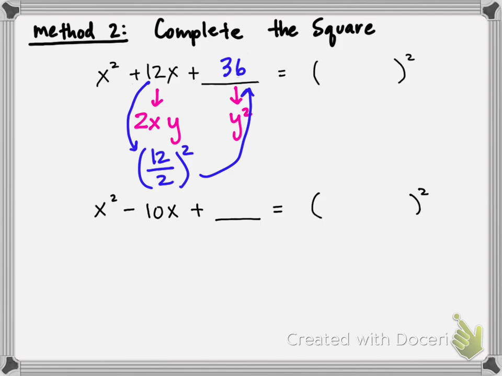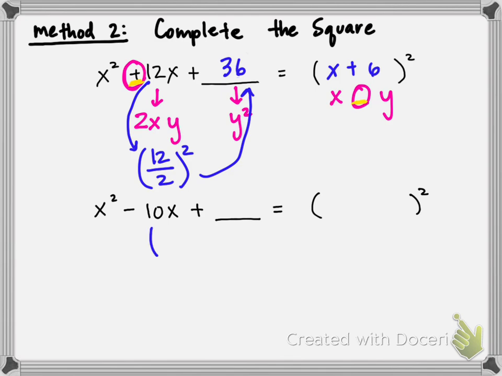And cool, that is now our perfect square trinomial. To factor this, it's going to be x, y, and then whatever symbol is in the middle goes here. This middle symbol is actually a plus for this example, so this one's going to be a plus. So when we factor this trinomial, we're going to get (x plus 6) quantity squared.